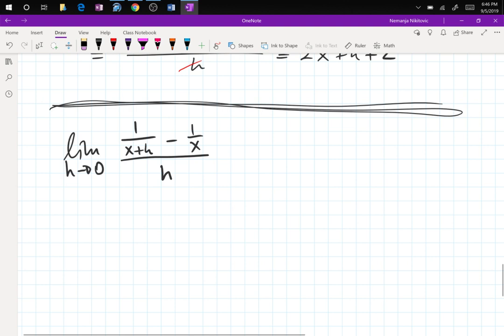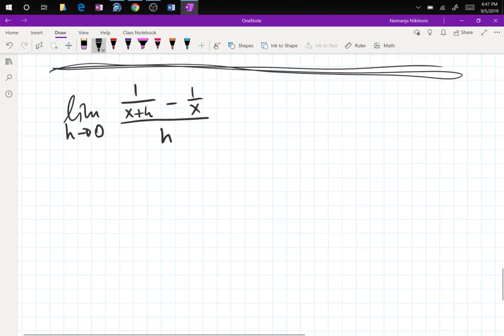Add fractions, exactly. So you are going to look for the common denominator for the top two fractions, and you are going to subtract them. So, what is the common denominator? Well, I have to multiply the first one by x, and I have to multiply the second one by x plus h.